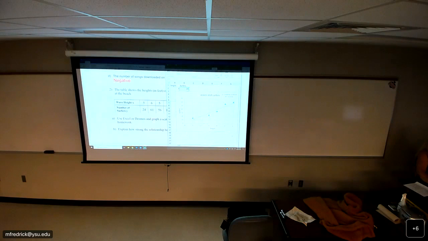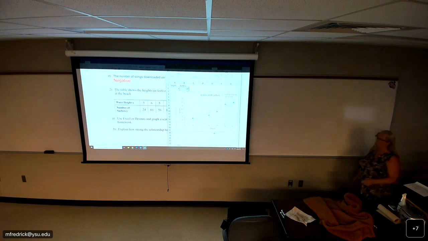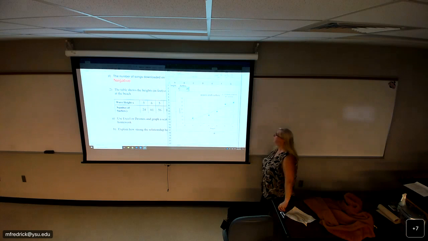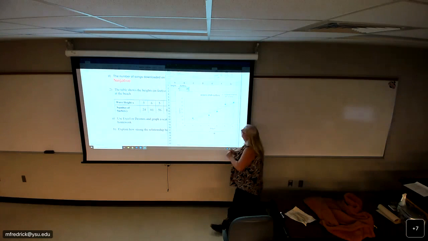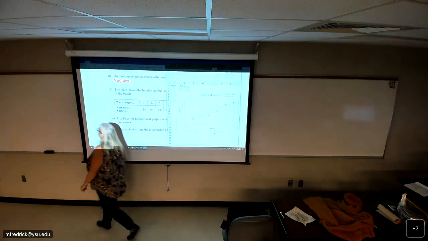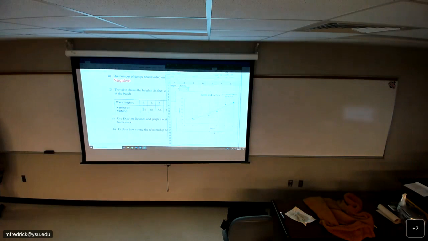So you will attach a picture of one or the other. Explain how strong a relationship is between the data set using R squared. Well, R squared is 0.9226.